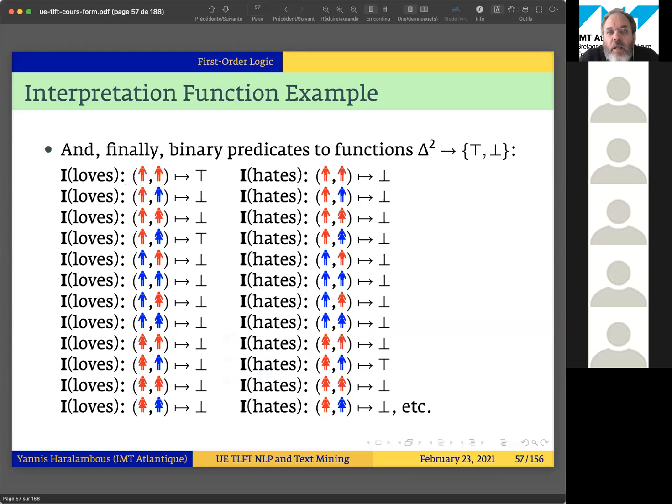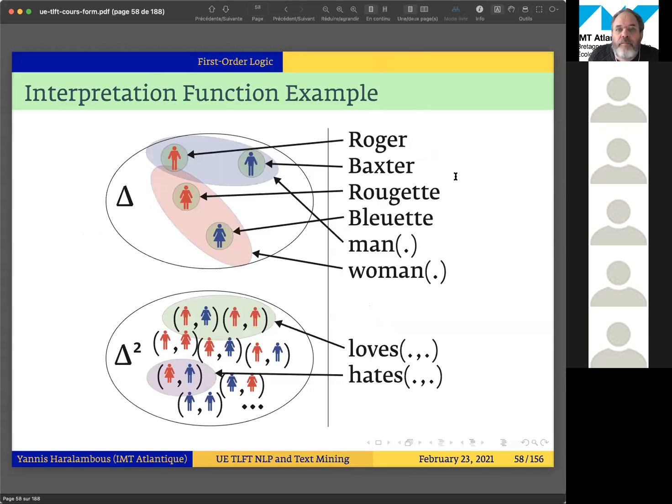Binary predicates, loves and hates, are sent to functions going from the domain times the domain into true, false. So who loves whom, who hates whom. And here I have the complete description of these 2 functions. I can use set theory to describe my interpretation.